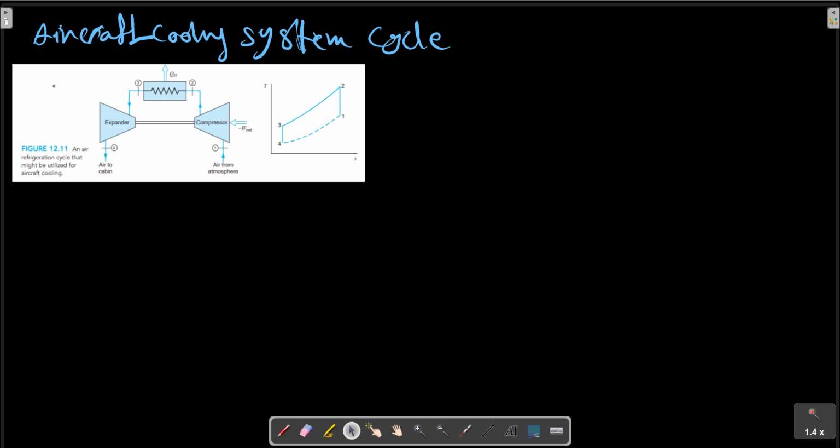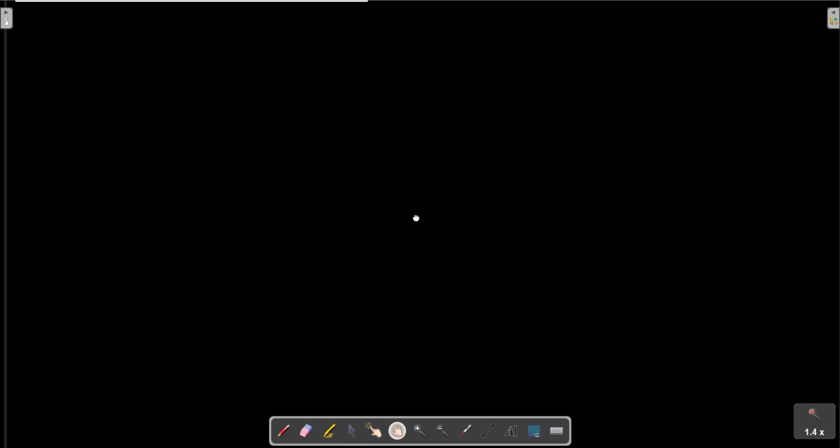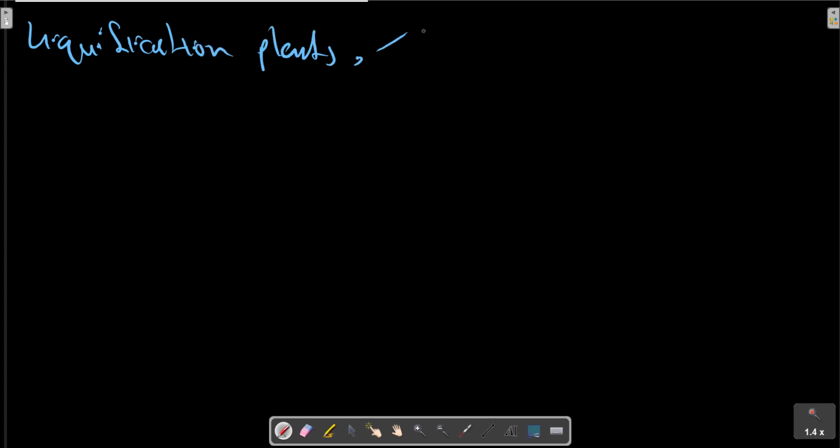This is essentially the cycle used in low pressure air liquefaction plants and in other liquefaction devices such as helium liquefaction plants for air and other gases.